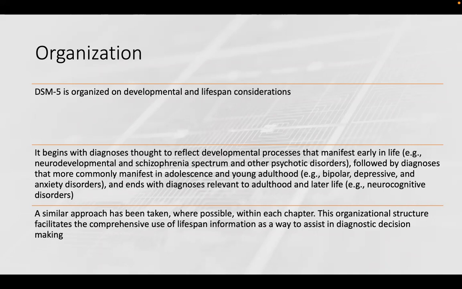We'll learn more about that, but those are things that are going to happen between 18 and 25. And then diagnoses you'll see commonly later on in life, things like neurocognitive disorders, like Alzheimer's, dementia, stuff like that. So the whole book is organized that way, and then the chapters are also organized that way.